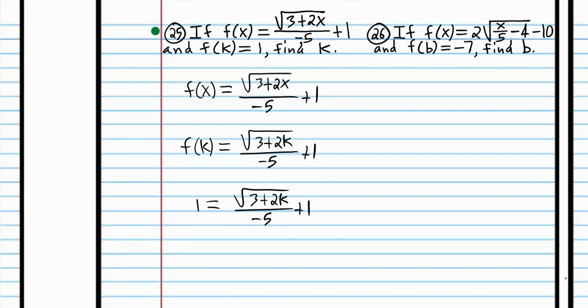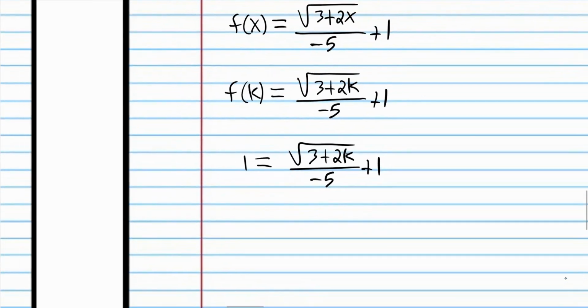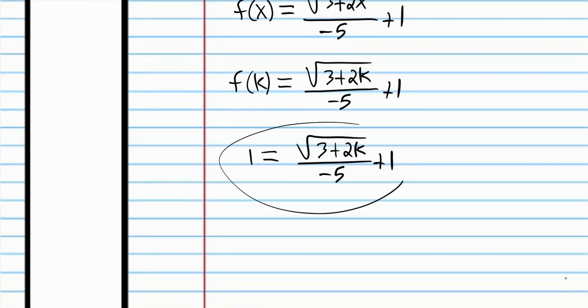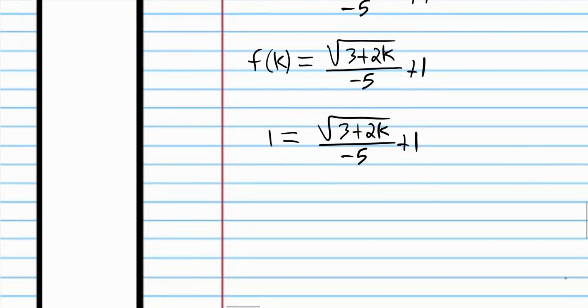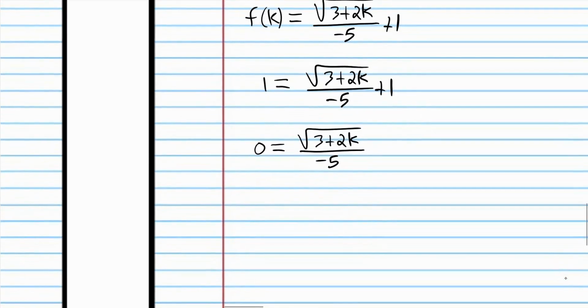And we're asked to find k, so we have to isolate the square root. So I'm going to subtract 1 from both sides of the equation. And then I'm going to multiply both sides of the equation by -5.